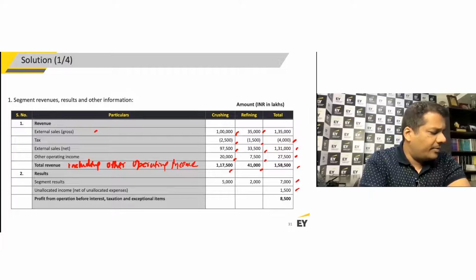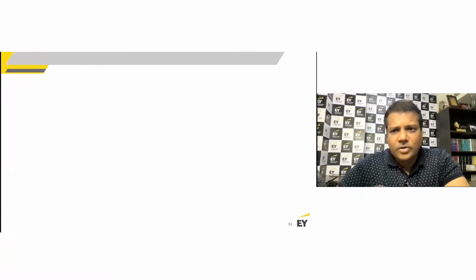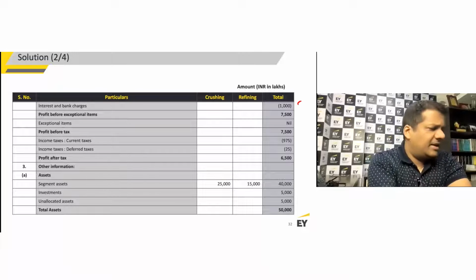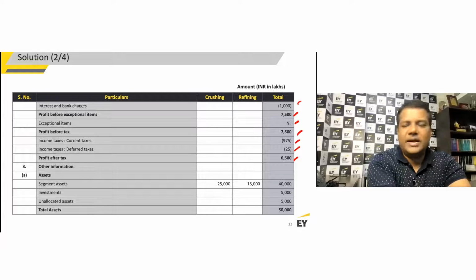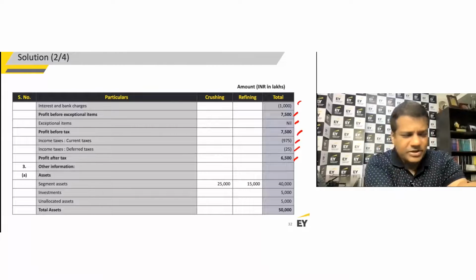Now, profit before operations, before interest, taxation, and exceptional item is 8,500. All right. And then we've got other stuff, right, which is interest and bank charges, then exceptional item, 0, then profit before tax, and we've got taxes, and then 6,500, right? So that's how I've got to my entire P&L, which is 6,500.